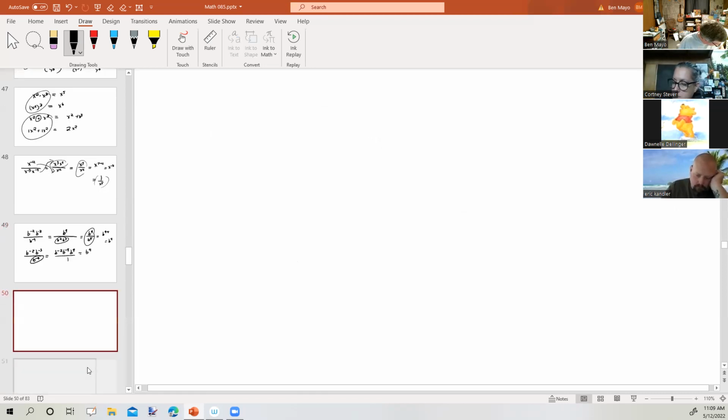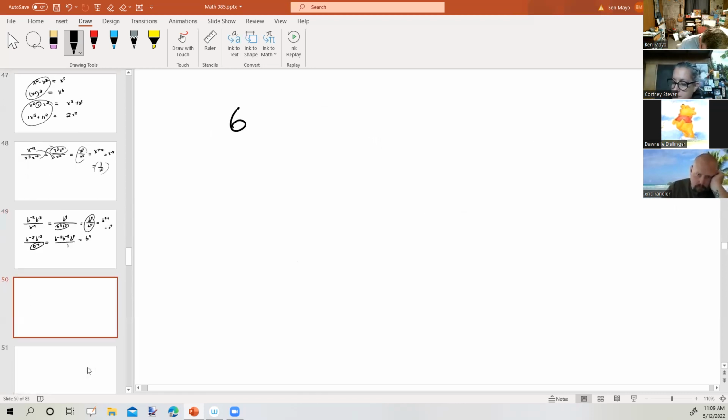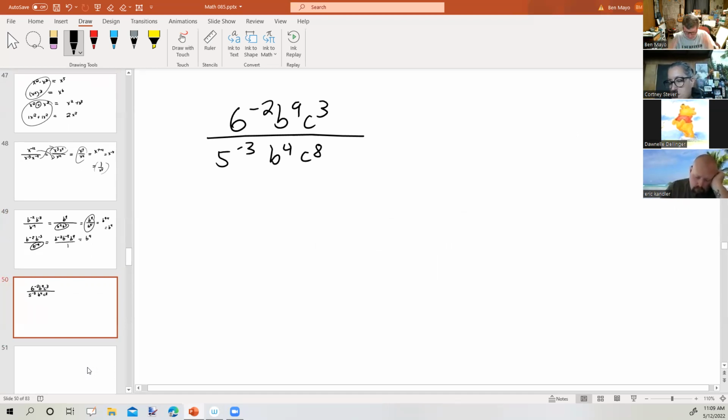Okay, how about this one? 6 to the negative 2 power, B to the 9th, C cubed, over 5 to the negative 3 power, B to the 4th, C to the 8th. All right.